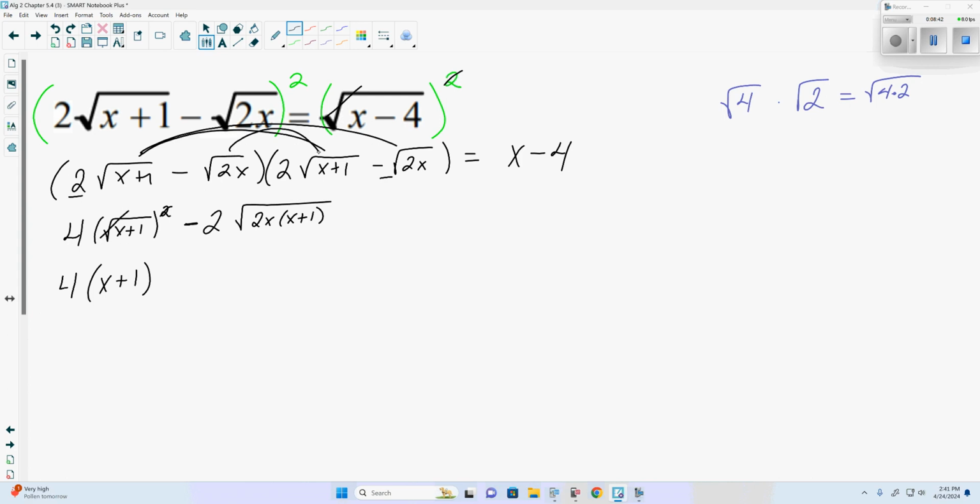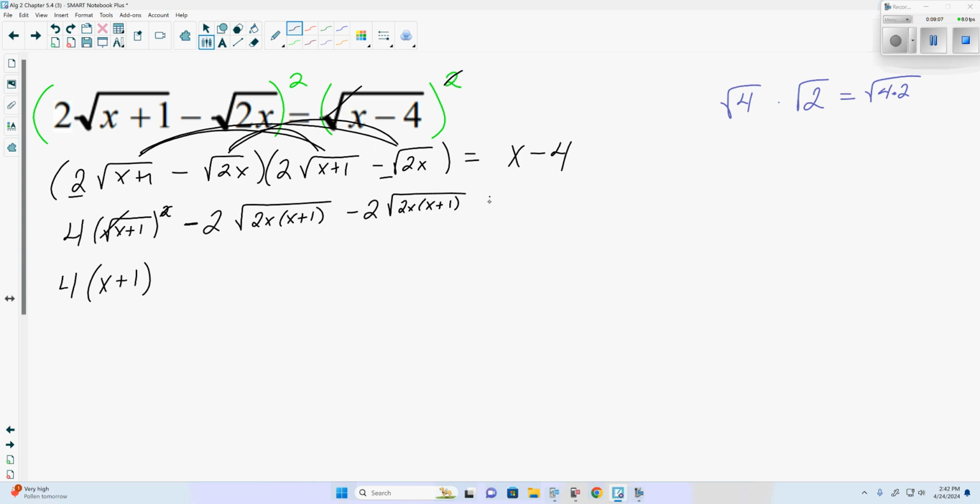Next thing we're going to multiply is negative square root of 2x by our 2 square root of x plus 1. Questions? Well, this is going to be negative 2 square root of, giving us the exact same thing. And lastly, negative square root of 2x times negative square root of 2x.